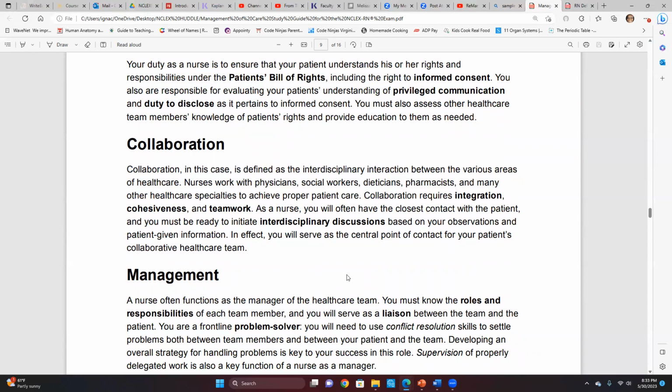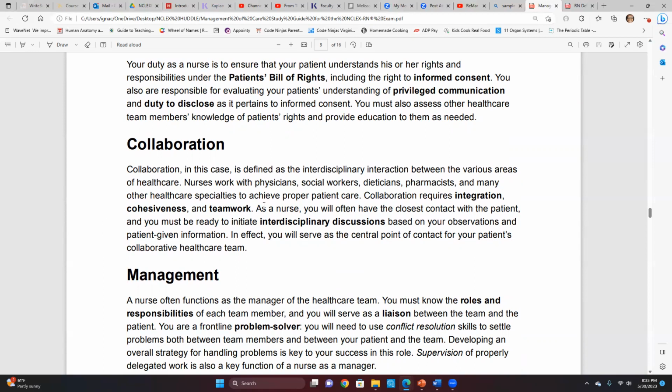If the nurse notices by body language, or the patient says, "I don't really fully understand what the doctor said," we have to call the doctor back in so the doctor can explain again. That's really important, because the patient has the right to fully understand the procedure before it actually takes place, right?